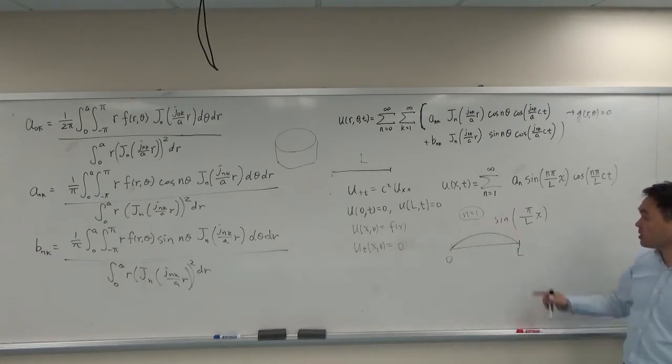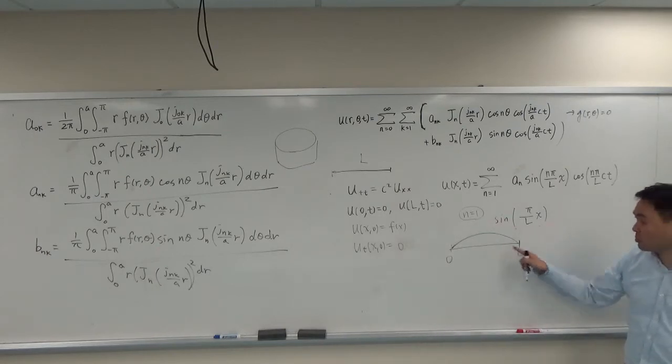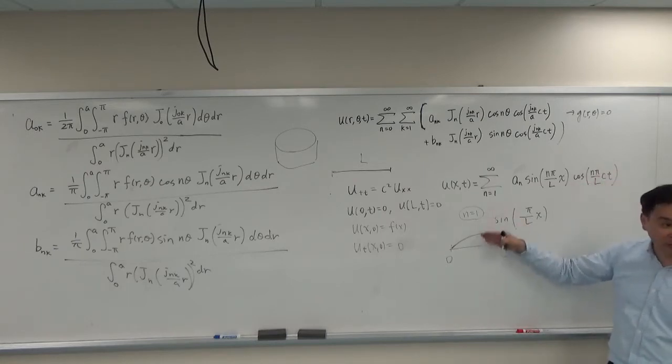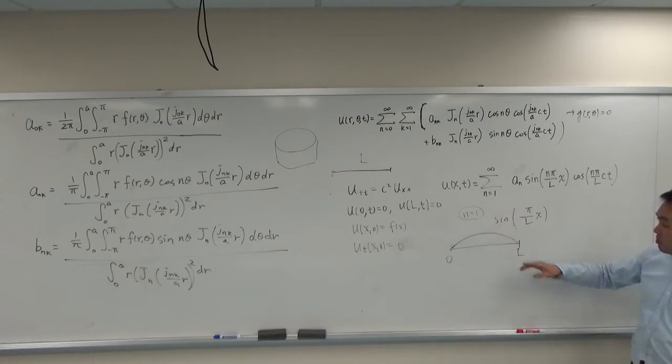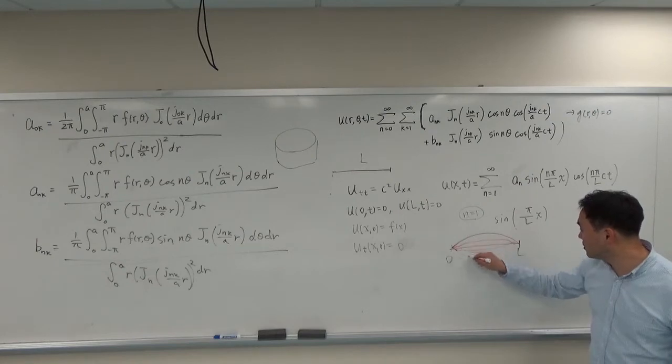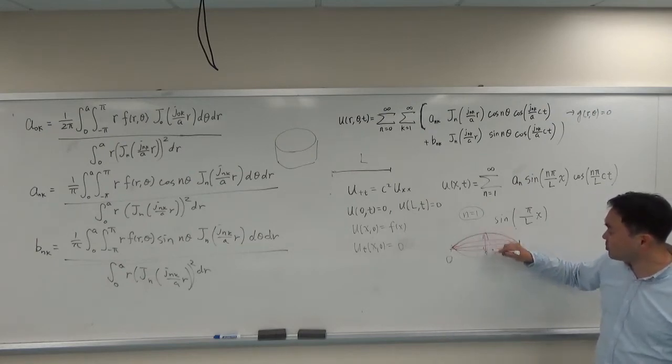That's the shape of this function from 0 to L. And then the amplitude is A_n times cosine of n pi c t over L, so this cosine function makes it vibrate, go up and down. So you're going to see that it vibrates and goes back and forth like that.